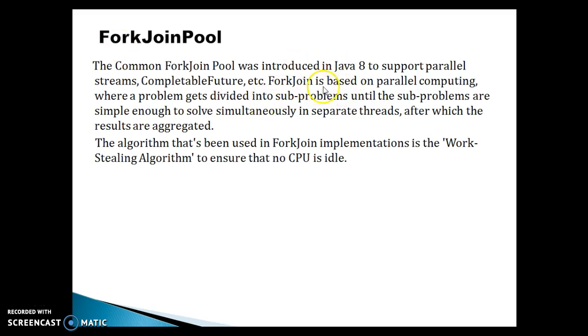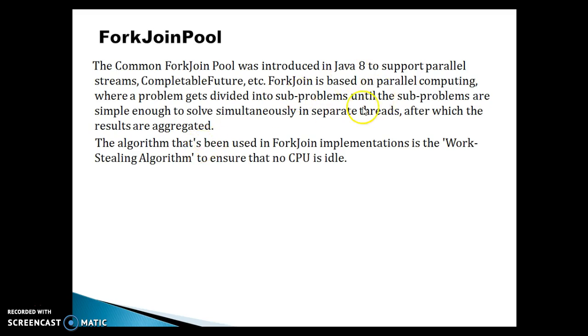Now, fork join is based on parallel computing, where a problem gets divided into subproblems until the subproblems are simple enough to solve simultaneously in separate threads, after which the results are aggregated.